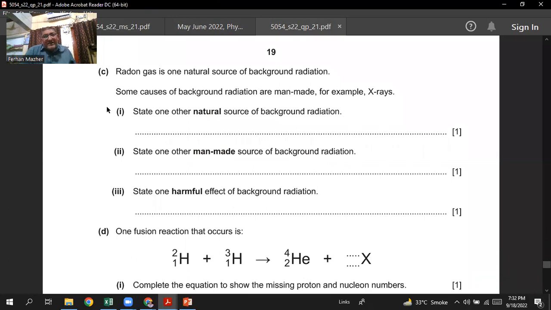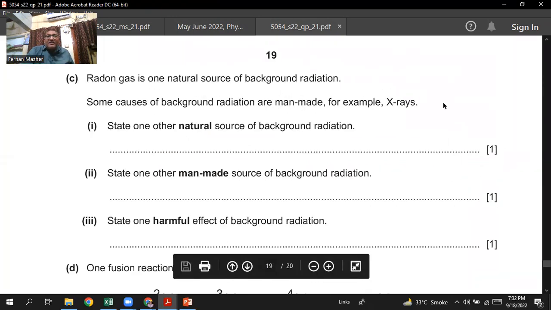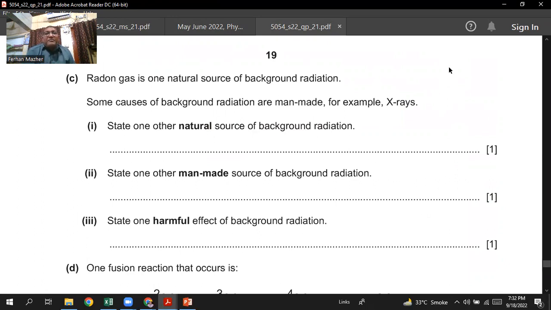Radon gas is one natural source of background radiation. Some causes of background radiation are man-made, for example X-rays. State one other natural source of background radiation. The most famous natural sources are radioactive minerals in the soil, and cosmic rays.